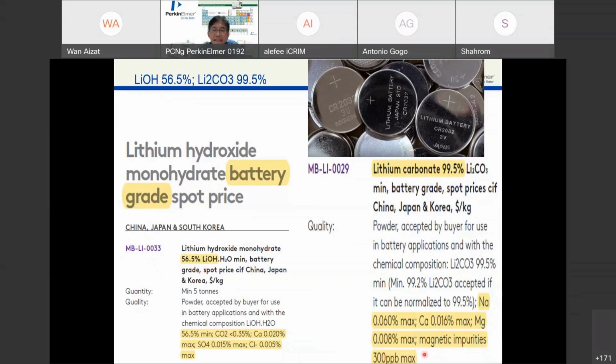For magnetic impurity it is 300 ppb. So for this battery, the levels are all in percentage. For information, this battery application is done on ICP-OES. But because the official method is stated on ICP-MS, even though ICP-MS is for very low levels, you either dilute it down or extend the linear calibration range to do it.